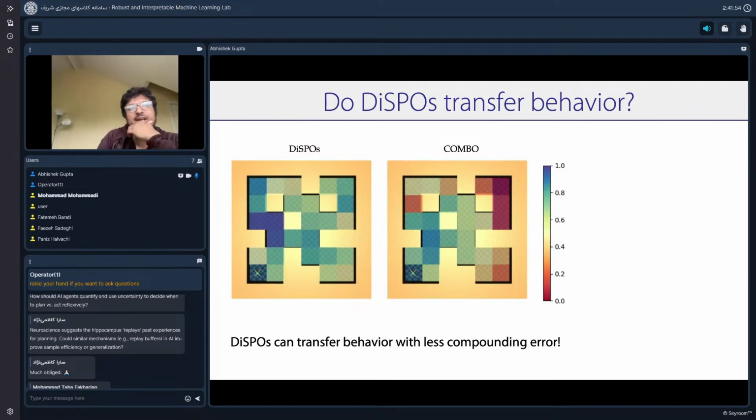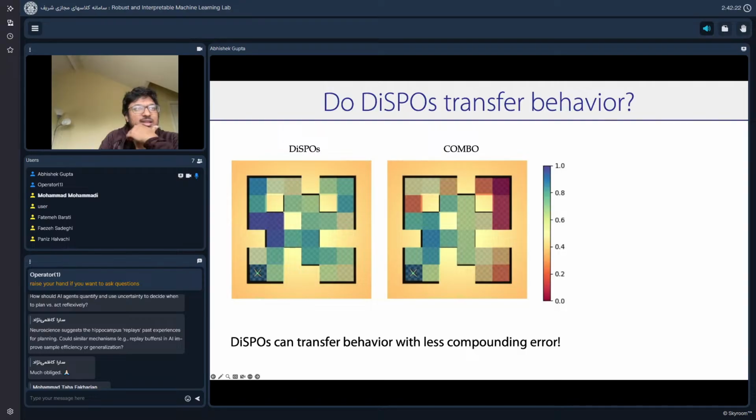The second is that you're able to do new tasks without as much compounding error. So the way to read this plot is you have this robot on the bottom left. It's trying to get to different squares in the grid, and the more blue the color, the better it's doing, right? And so you can see that a model-based RL method, called COMBO, tends to get worse towards the corners because that horizon becomes really large.